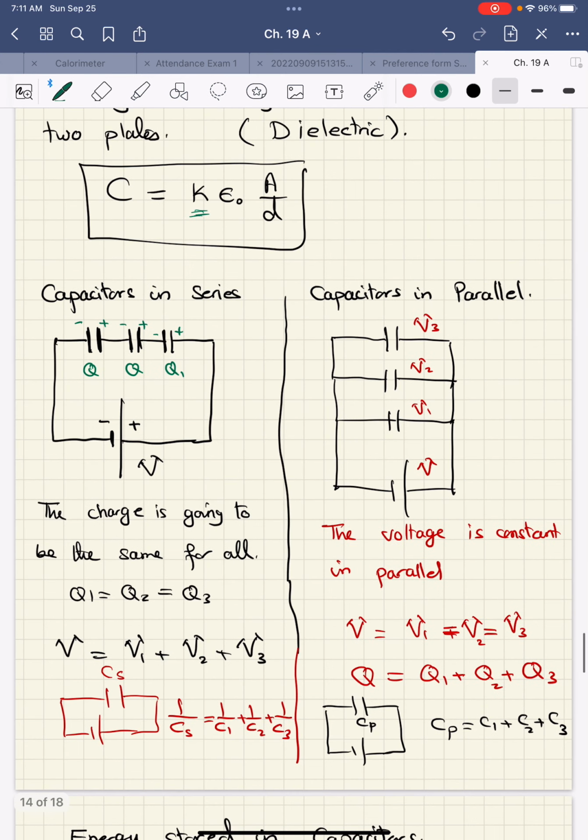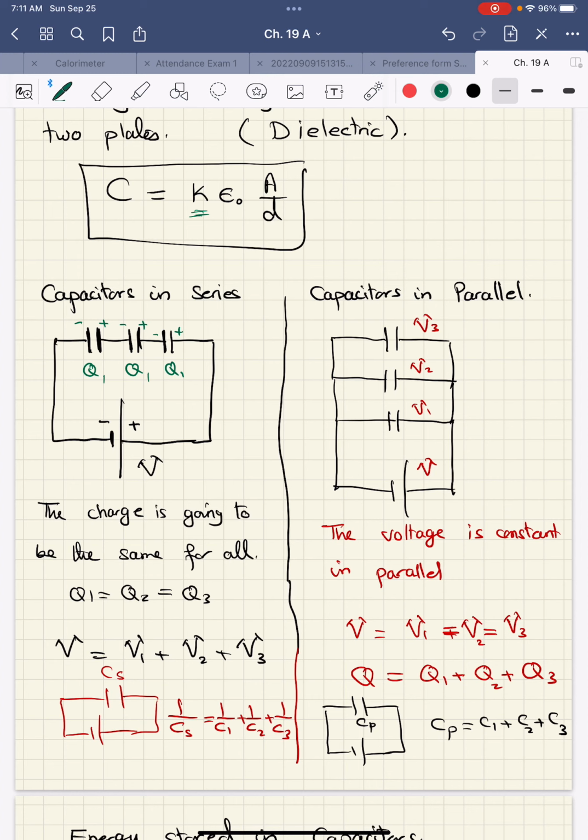Now, I can connect capacitors in series or in parallel. In series, you're going to find them like this, one after the other. And here, what we need to know is that when they are connected in series, the charge is going to be the same for all. If this is, let's say, Q1, then it's going to be Q1, Q1, Q1, Q1.